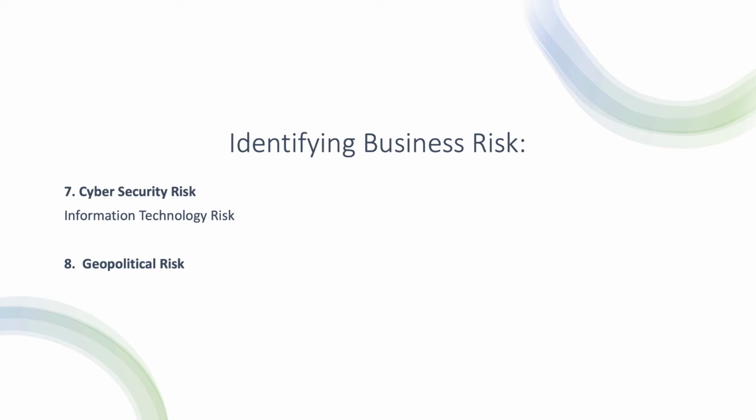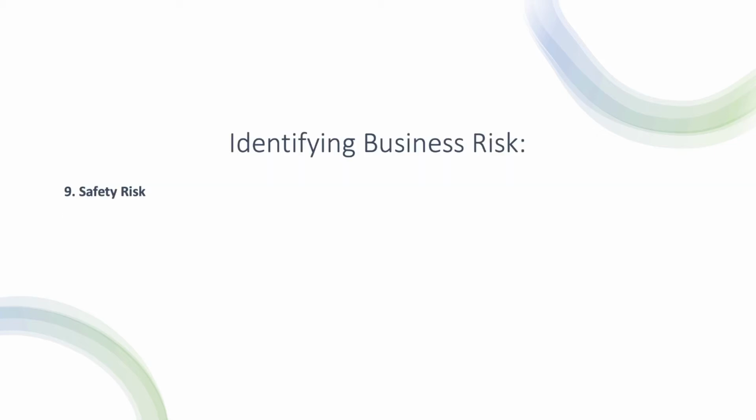This is the risk of actions by political governments impacting business environments. Sometimes governments give grants to small businesses, sometimes to bigger businesses. So these are actions taken by governments impacting both the business environment and specific companies.